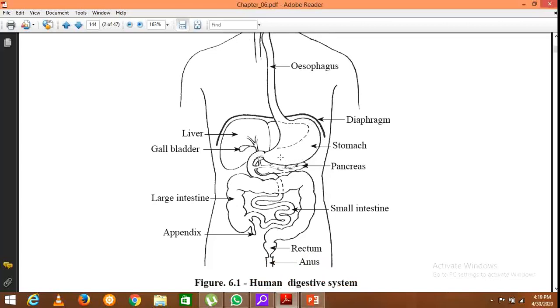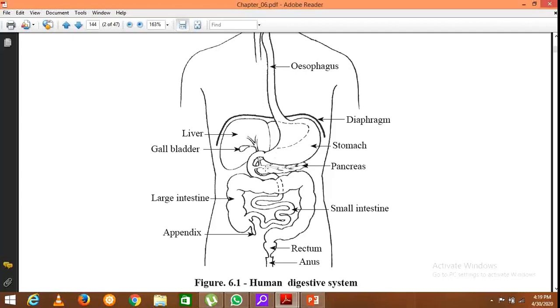And here the stomach is connected to the small intestine. This C-shaped part of the intestine is known as the duodenum, and this small intestine is about 7 meters in length and it is connected to the large intestine, and the large intestine ends up with rectum and finally the anus. And in the large intestine you can see a structure which is called the appendix.